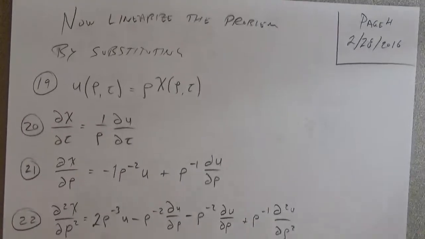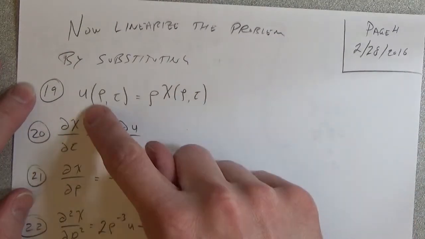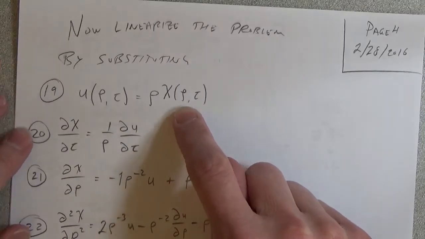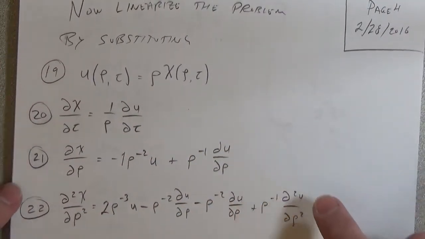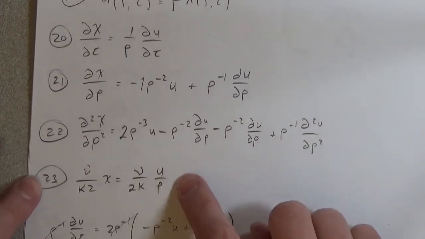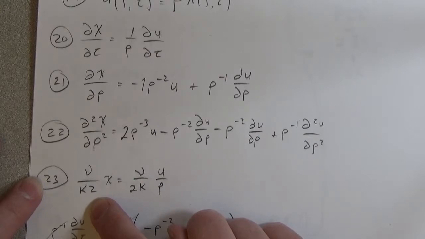This is a nonlinear expression, so we can linearize it by making a substitution that u is equal to rho chi, and following through, just as we did in problem 1, these are the same expressions up until here. Now we have a new expression for the last term in the partial differential equation.